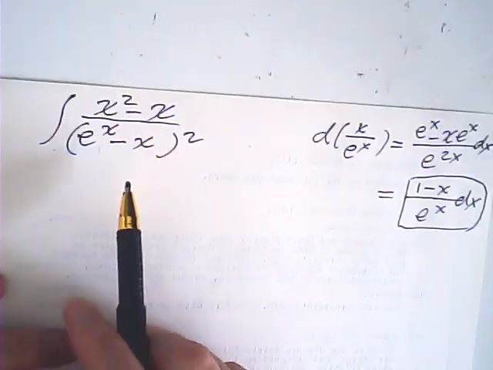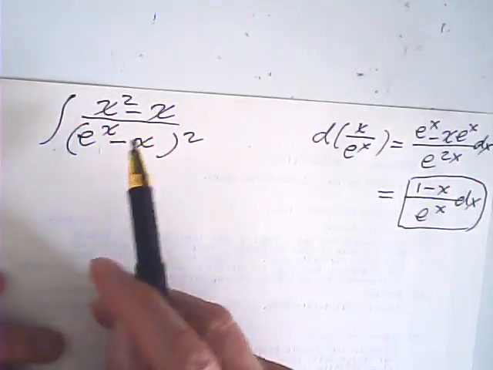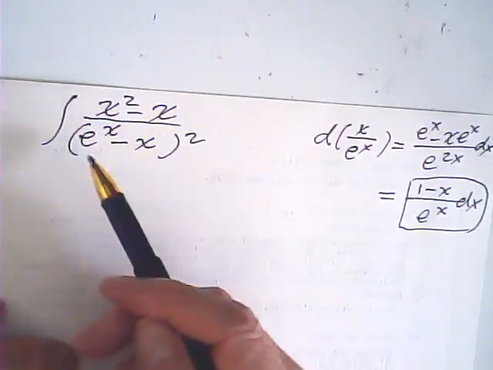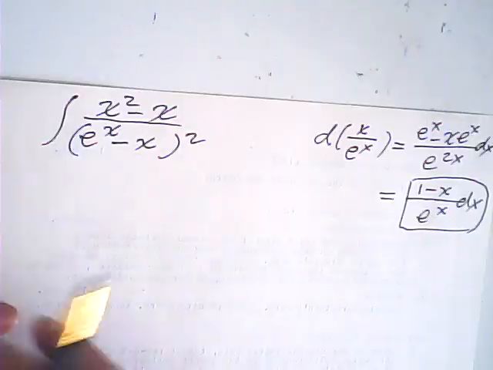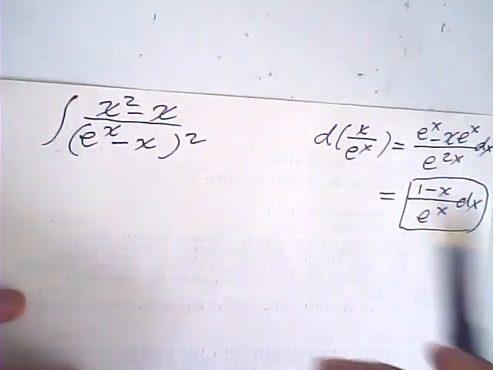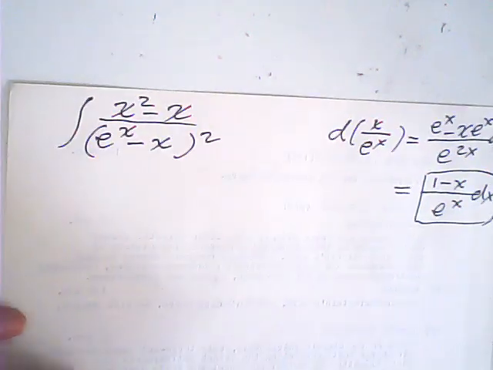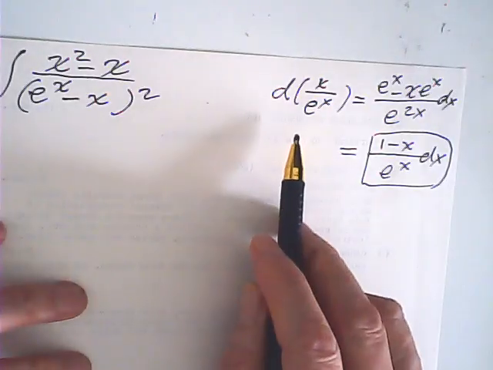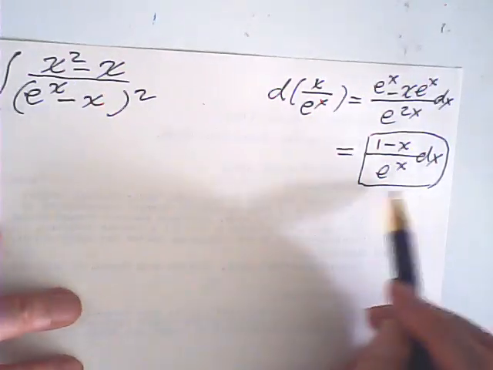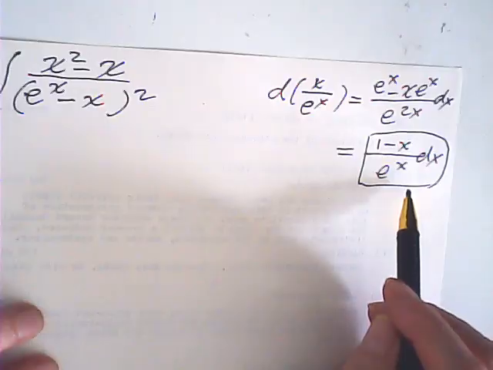Here, because this one is not easy, I try to change the integrand to something which is good, either using by parts or using some other possible way to do it. So I try this. It becomes this, right?